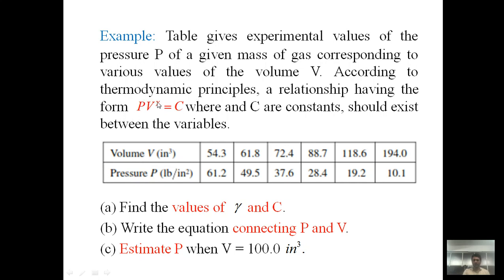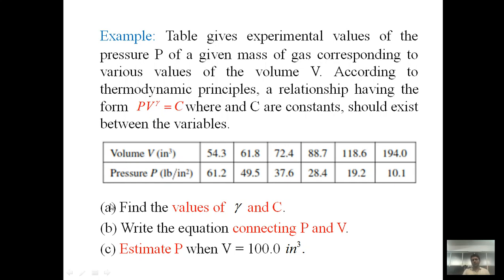So P into V raised to gamma is equal to C, where C is a constant. So this type of relationship exists between pressure and volume, where C is the constant.